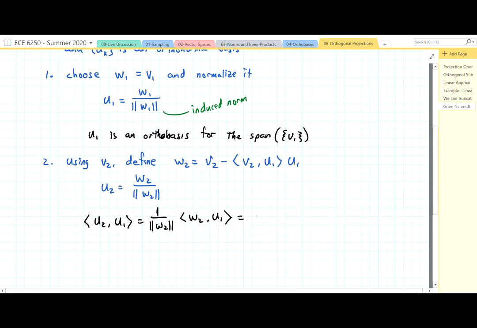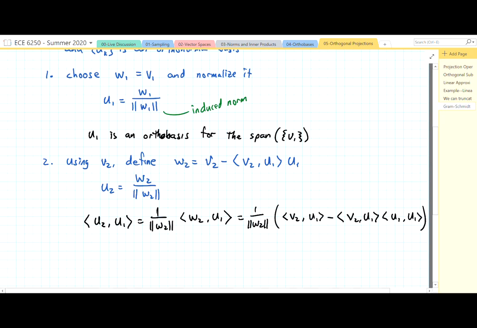That's just equal to 1 over the norm of W2. The norm of W2 is going to get increasingly hard to write. Oops, that should be a U1. That right there is just a constant. Now it's already been determined. So there we go.